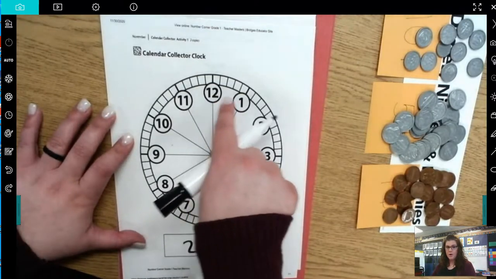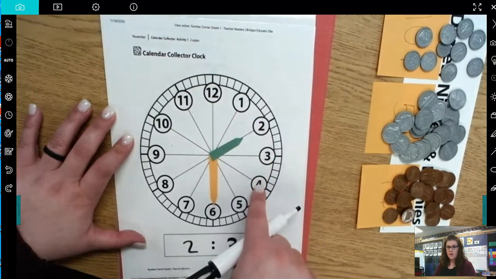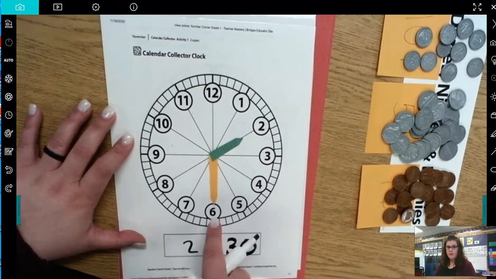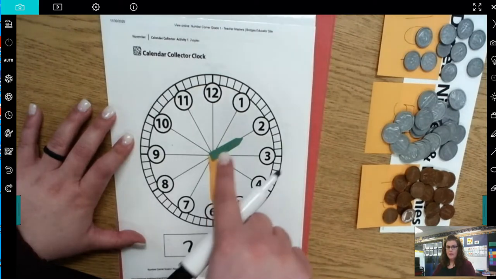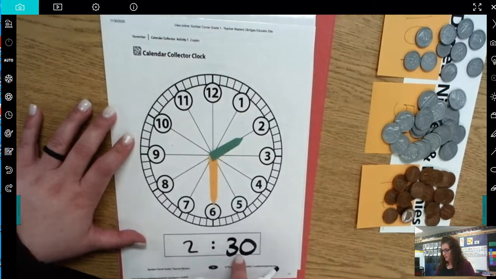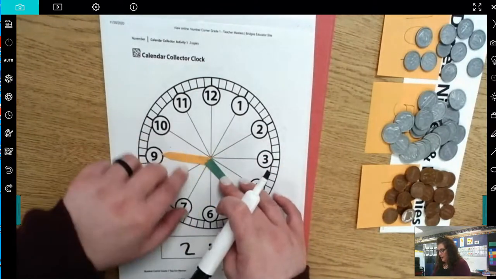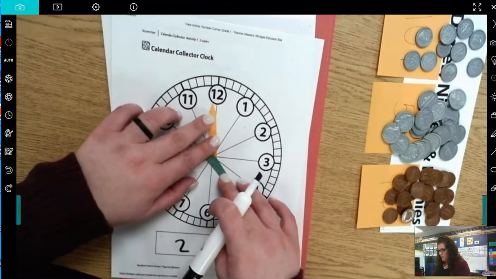Ready? Starting at 0, 5, 10, 15, 20, 25, 30. So when our hour hand is pointing to the 2 and our minute hand is pointing to the 6, it is 2:30.